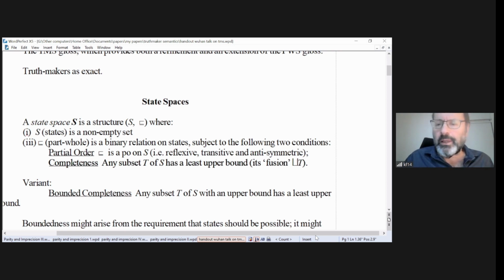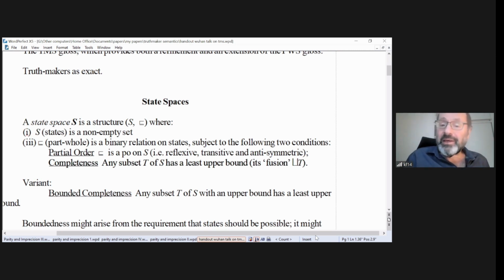Now, there's a slight variant on this last condition. Initially, when I worked on Truthmaker Semantics, I insisted upon this condition. Then I realized that there's no need to insist upon it. And now I've come back and I think you will come to see there are some reasons to insist upon it.